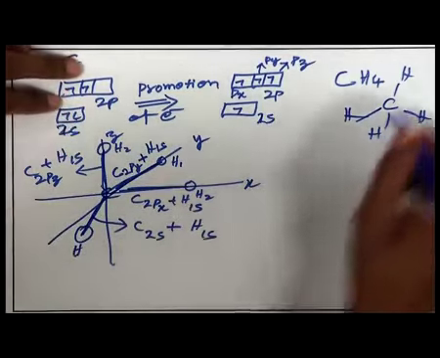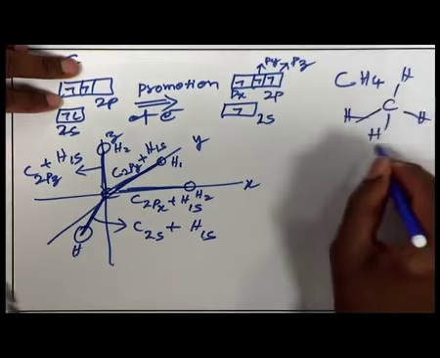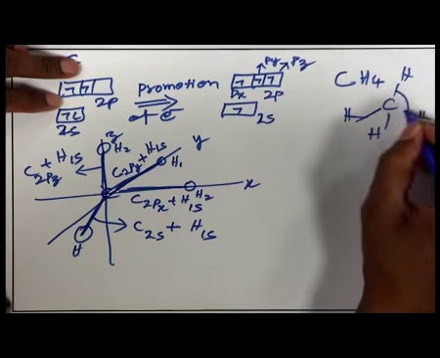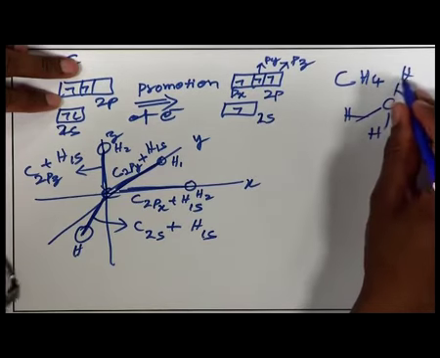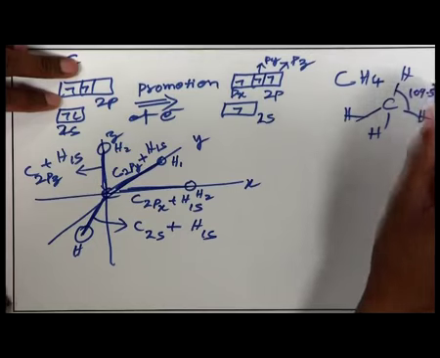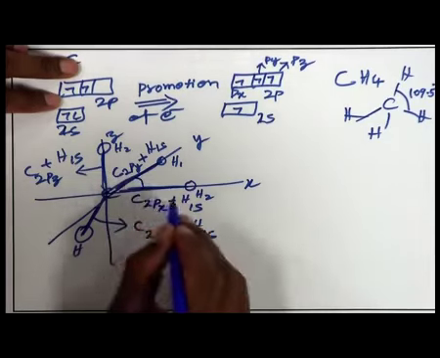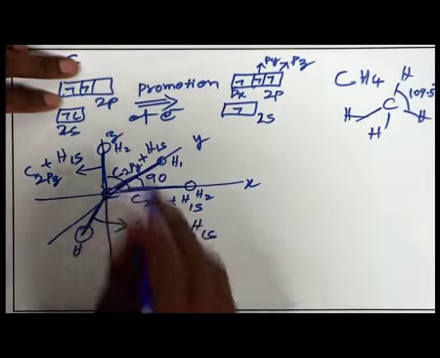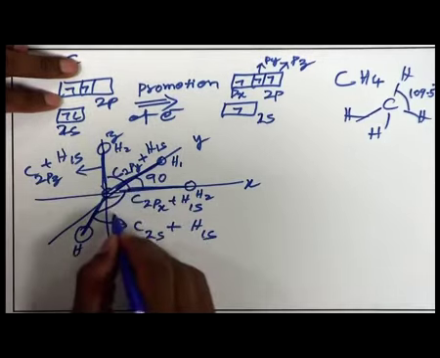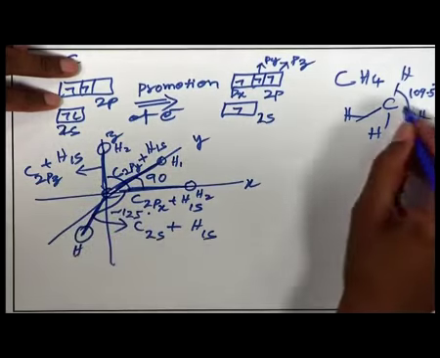Now, you know that the geometry or shape of the molecule is tetrahedral, and the angle between these 2 hydrogen atoms, this angle, is 109.5 degrees. But if you look at the angle here, the angle between these 2 axes is 90 degrees, or here it is 90 degrees, but here it is around 125 degrees.